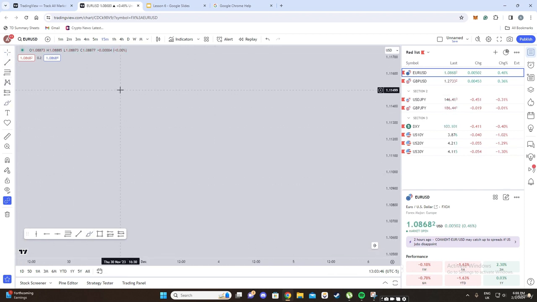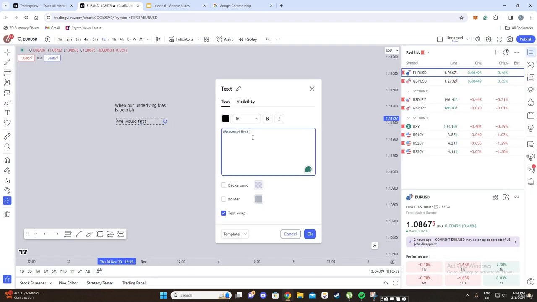So when our underlying bias is bearish, you would first want to see price trade above buy stops, taking out the resting liquidity above it.